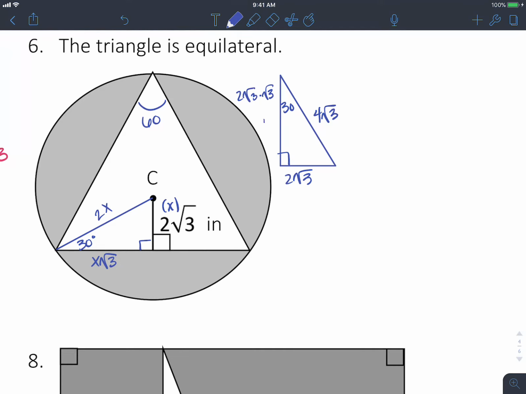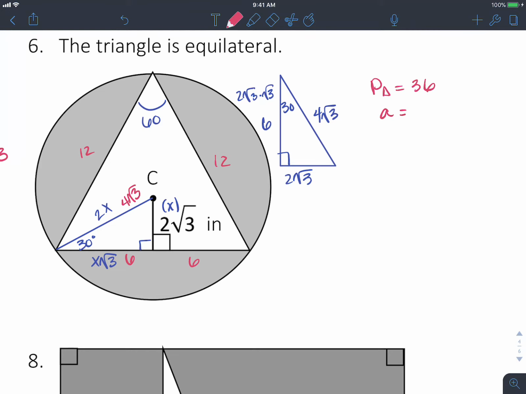So 2 times 3, this side is going to have a length of 6. So we are going to have a length of 6 here, and this side is 4√3. So the perimeter of our triangle is going to be 12 times 3, which is 36. So the perimeter of our triangle is 36.